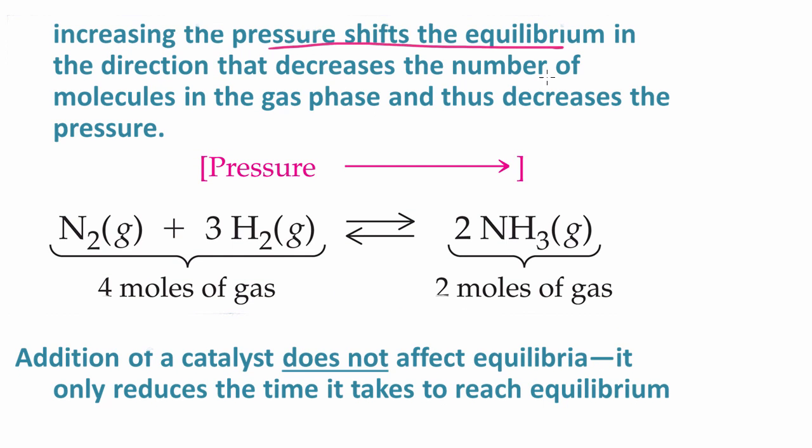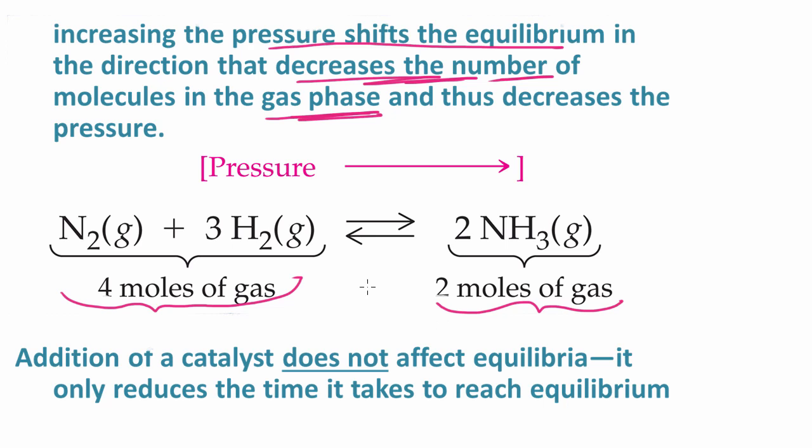Increasing the pressure by decreasing the volume will shift the equilibrium in the direction that decreases the number of molecules in the gas phase and decreases the pressure. So for example, on this side of the reaction, I have 4 moles of gas. On this side of the reaction, I have 2 moles of gas.